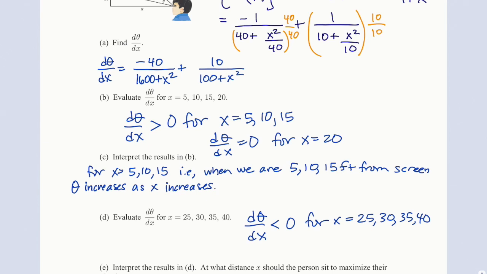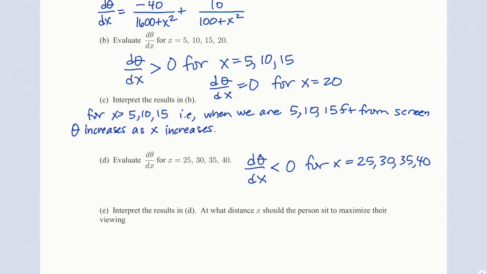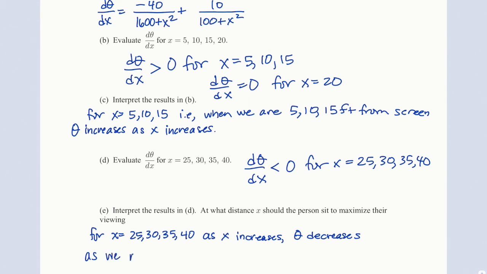But for the values in part D, 25, 30, 35, 40, and so on, as x increases, theta decreases. So as we move further away, our viewing angle would decrease.